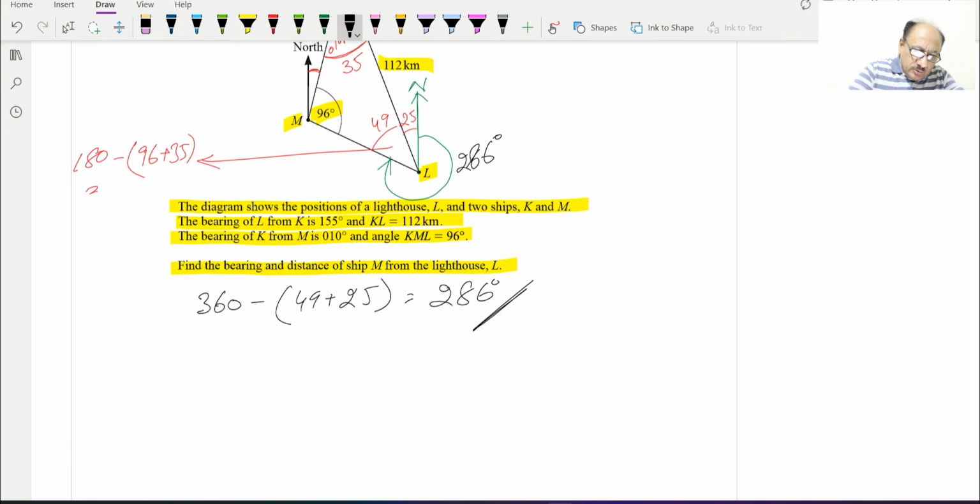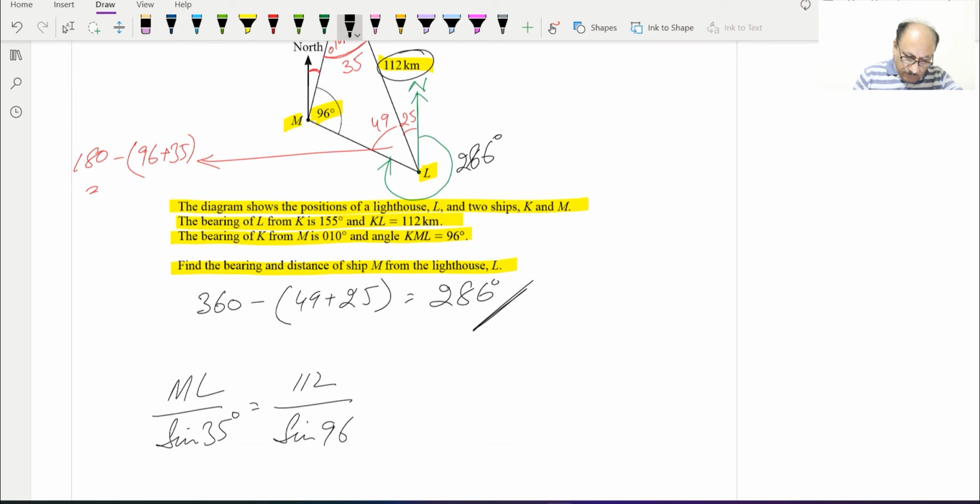So we can apply the sine rule, ML over sine of the opposite angle, which is 35. So ML over sine of 35 is equal to this length, which is 112 over sine of 96. We are applying the sine rule, and this implies ML will be equal to 112 sine of 35 degrees divided by sine of 96 degrees.